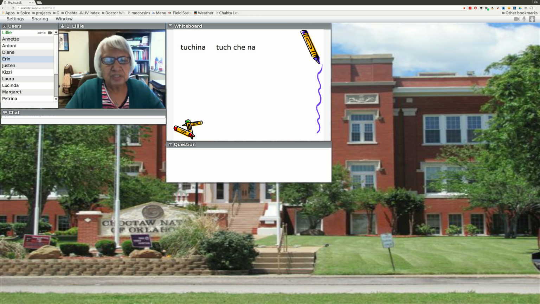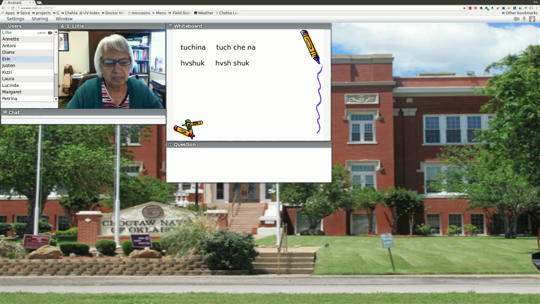Then for the SH sound, we have the word hashuk. Again, we write it with a single digraph, but in the pronunciation it has two. Hashuk.